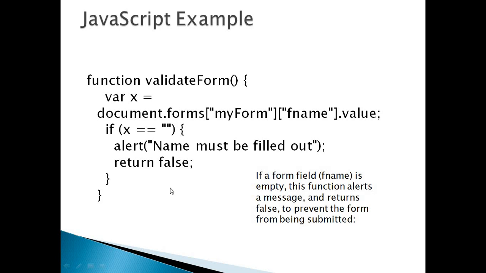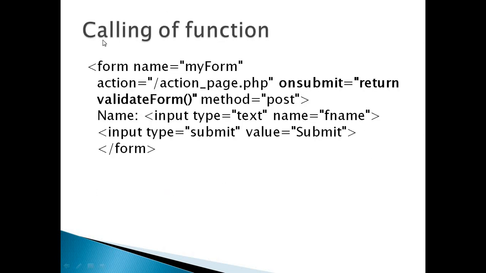See how to call this function. Here is the example. Here I am using a form tag with name myform and an action. Here I am just transferring my control to PHP, but as most of you don't know about PHP, use an HTML page here instead. After that, on submit I am returning return validateForm.